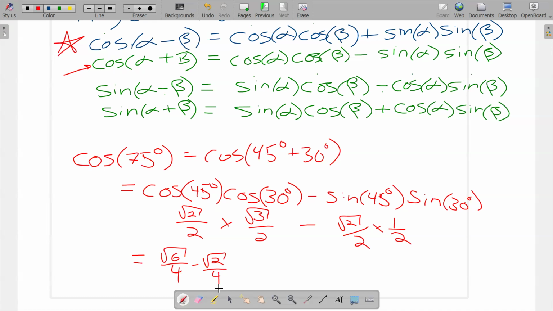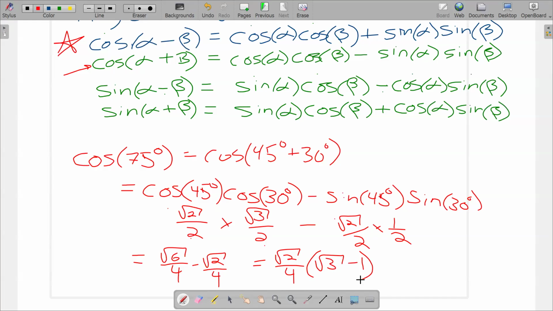So I can factor out a square root of 2. I can factor out the 2 times 2 in the bottom. So another way we might write this is the square root of 2 over 4. And what's left is the square root of 3 minus 1.